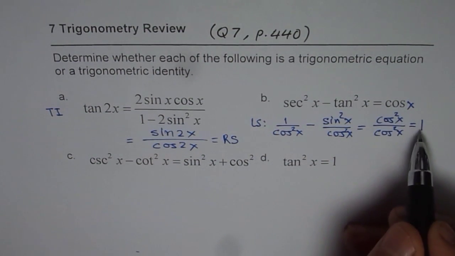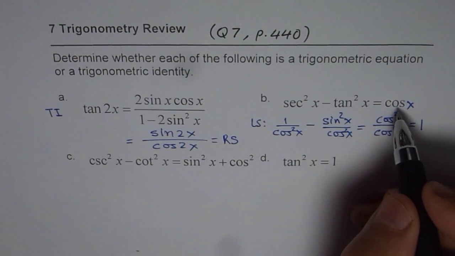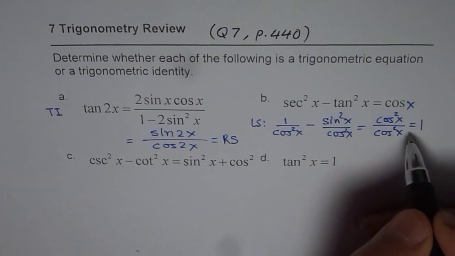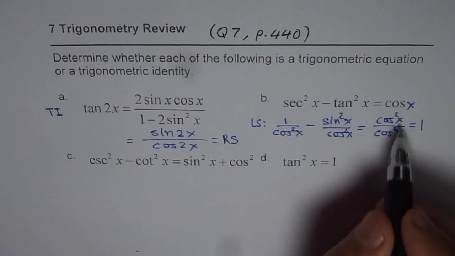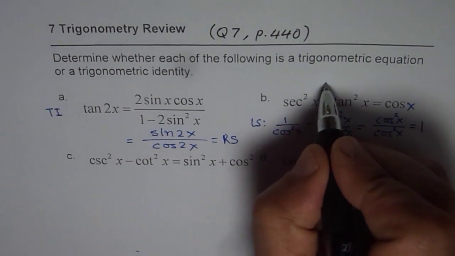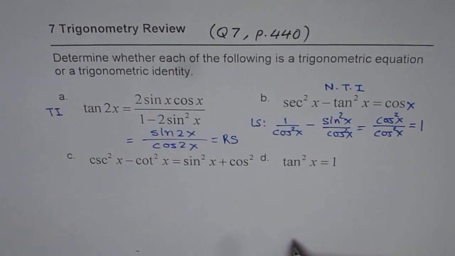It is 1 only for a few values, right? For example, it is 1 for 0, 2 pi and multiples of 2 pi, correct? Not for all, and therefore this is an equation, not an identity, right? So I'll write not a trigonometric identity, correct?